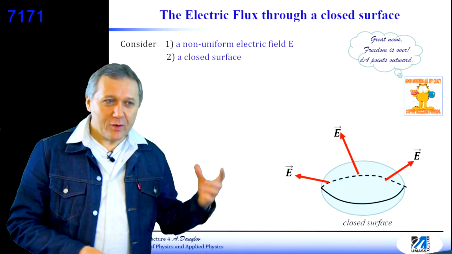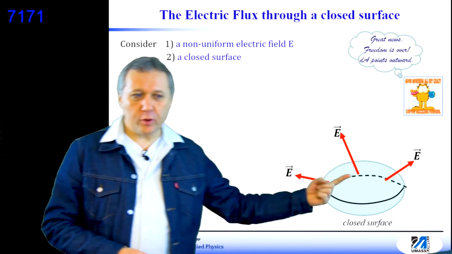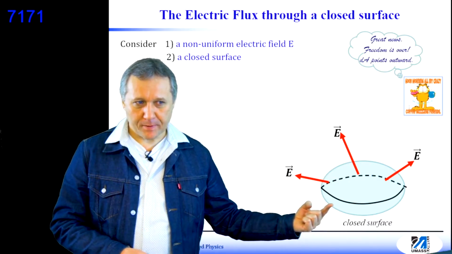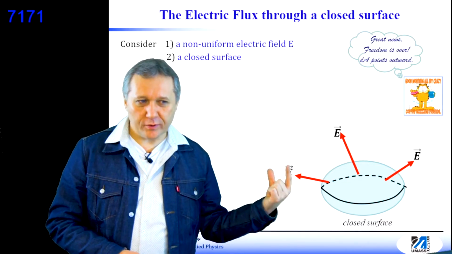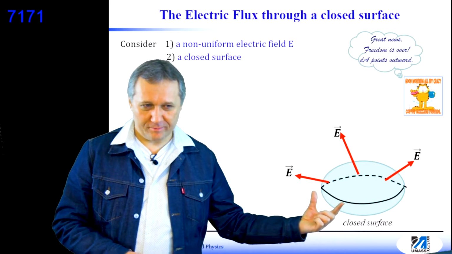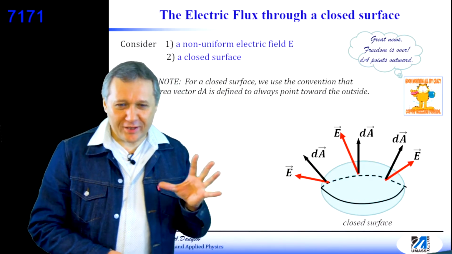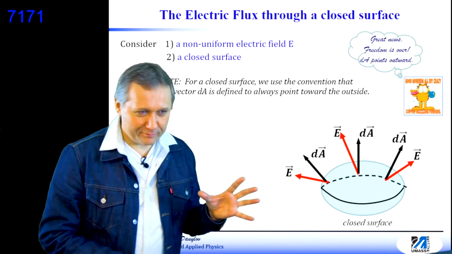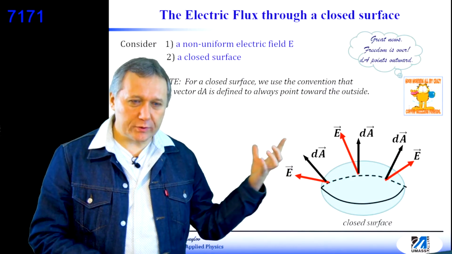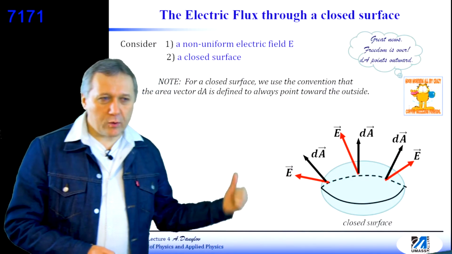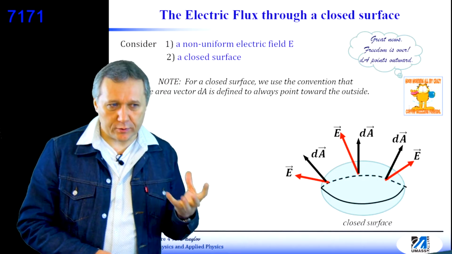So now we have to impose a convention. Whenever you deal with a closed surface like this, by convention, the area vector must point towards the outside, sort of like this. Why are we taking that freedom away from you, right? I'm practicing my dictatorship skills, right? Towards the outside, because the result of this slide will be used in Gauss's law.